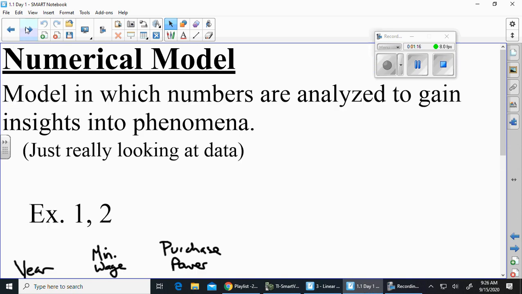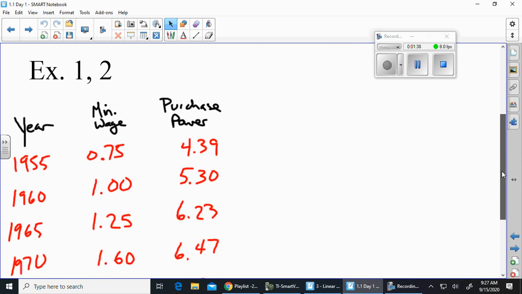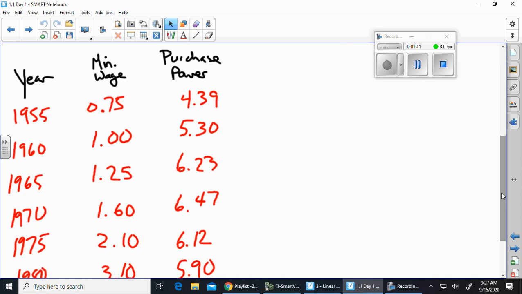Okay, so a numerical model is a model in which numbers are analyzed to gain insight into phenomena. Really, you're just looking at numbers that have some meaning, data. So, I give you something that shows the year, the minimum wage, and purchasing power.